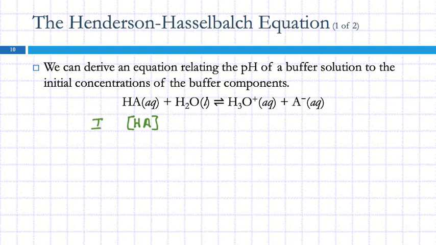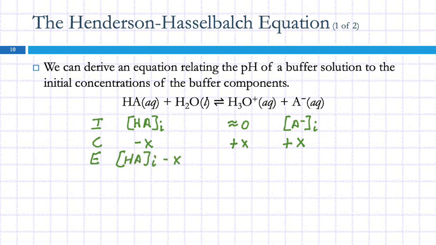The initial concentration of the acid, this is 0, and this is the initial concentration of the conjugate base. And so the change, minus X, plus X, and plus X. At equilibrium, we have the initial concentration minus X, and X, and the initial concentration of this plus X.